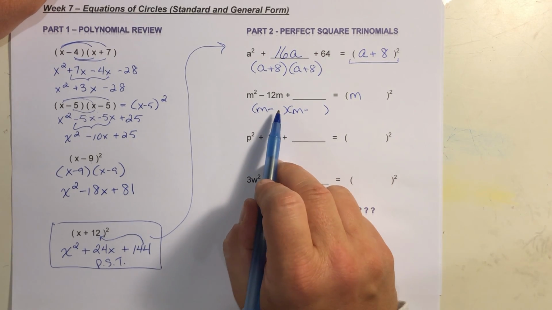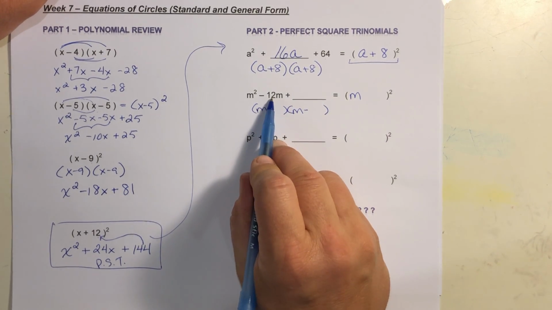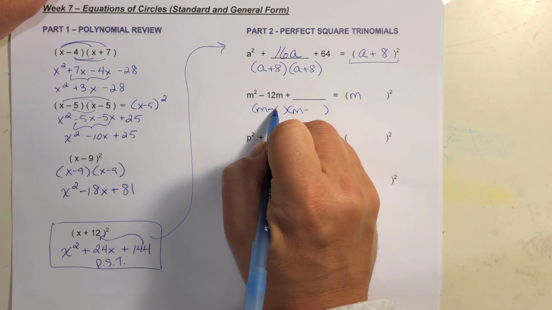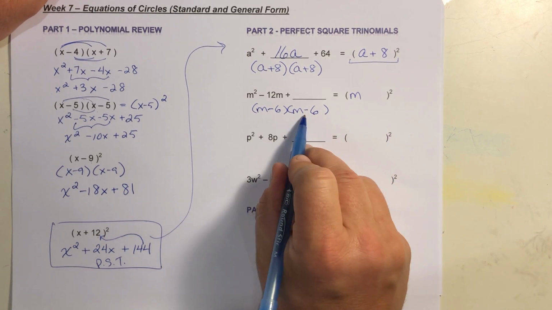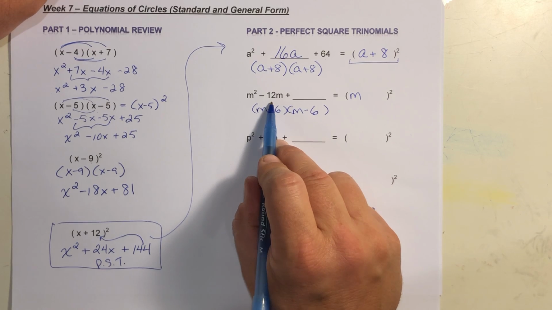So let's think about this, guys. The pattern that we noticed so far is that the middle number was always double what that number is, or it's like adding two of the same numbers. So what I'm going to do is divide this in half. So I think this is going to be m minus 6 and m minus 6, right? As if I added those two together, there's my negative 12.